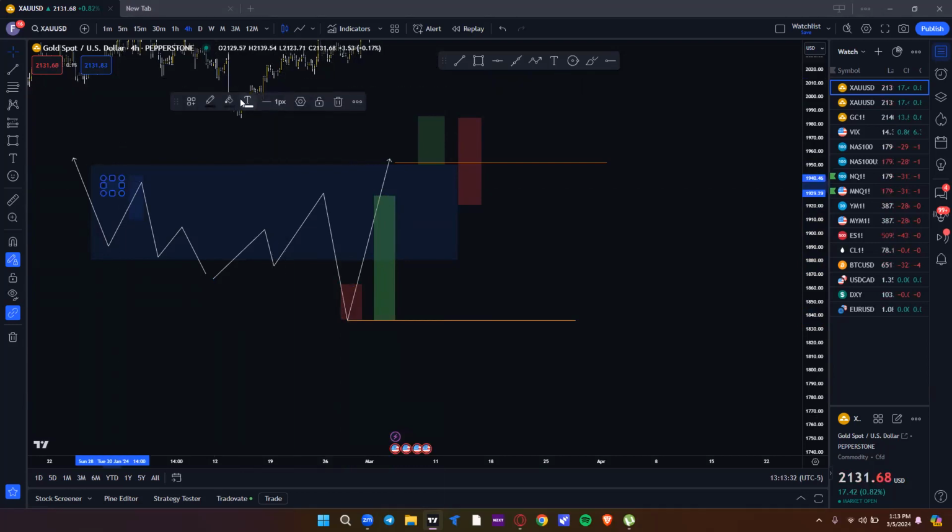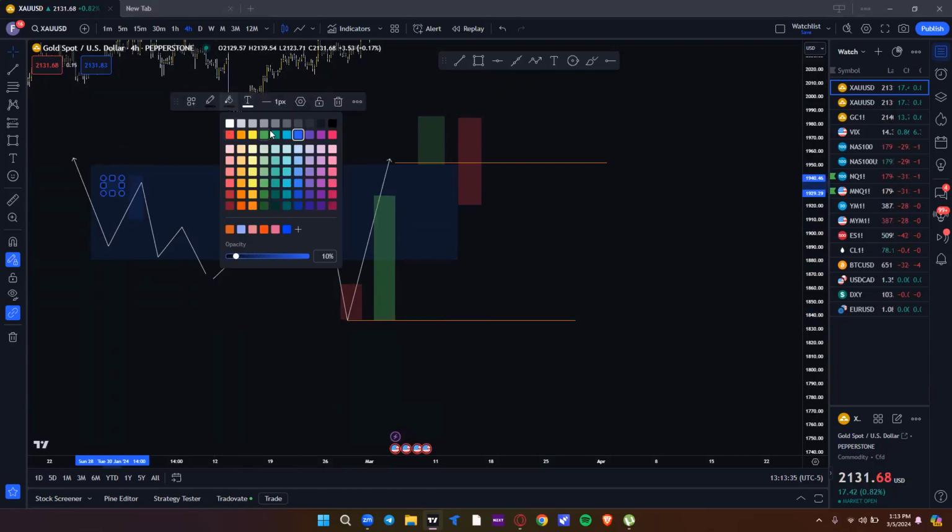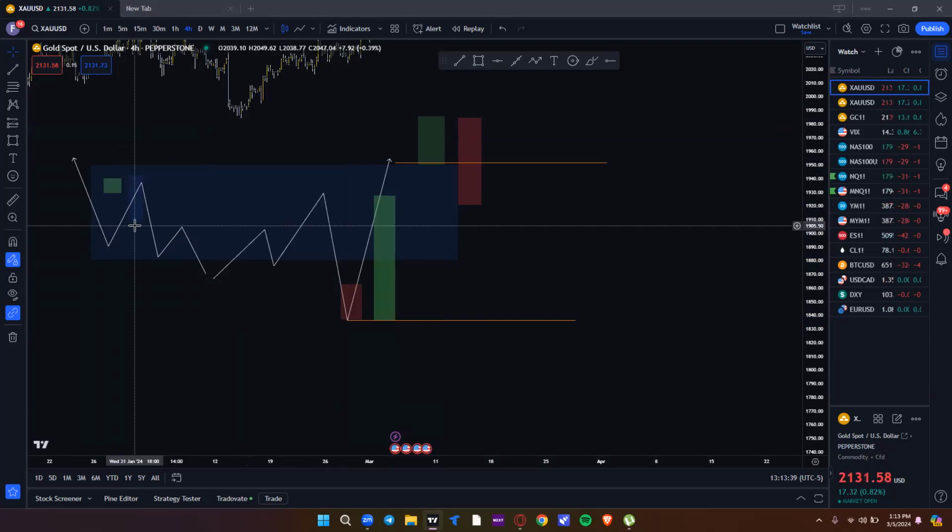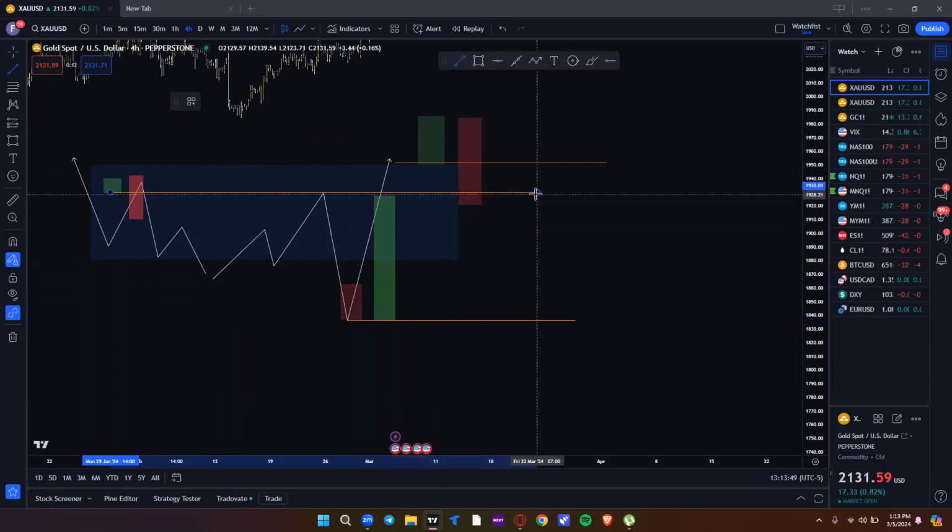And we have this one right here. What this implies is that we will get lower pricing before this even happens.